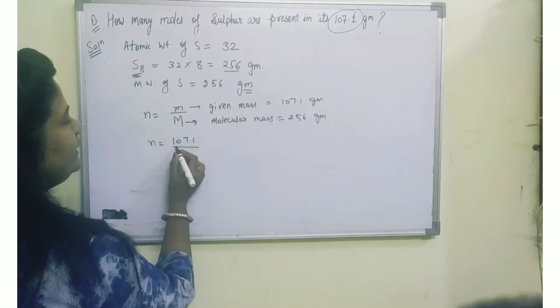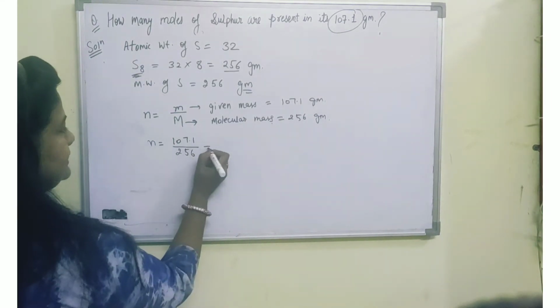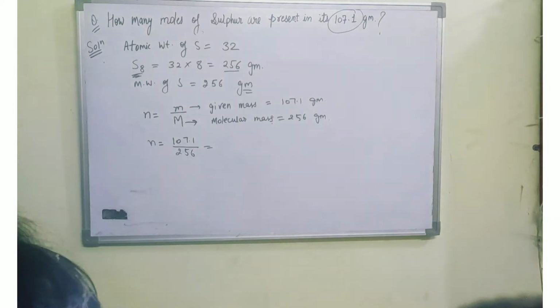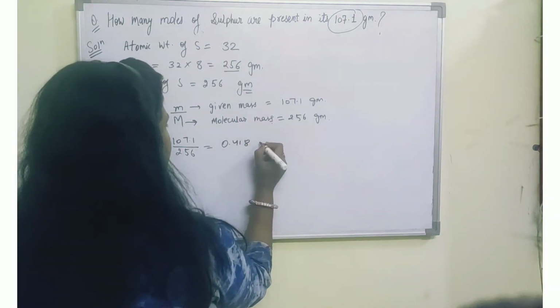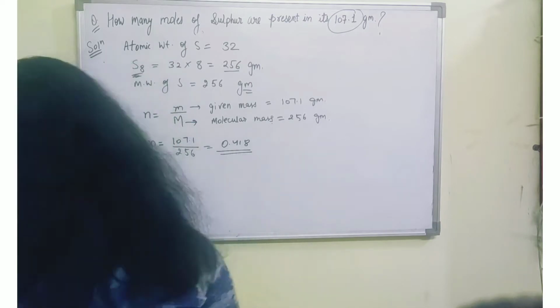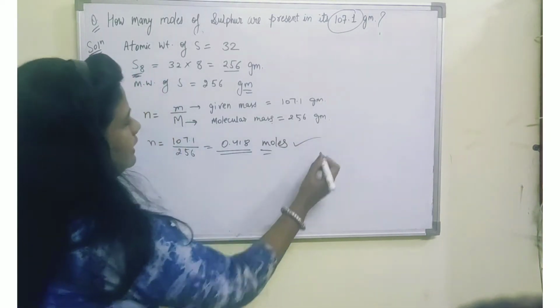So we will divide 107.1 divided by 256 and you will get the answer 0.418 mole, and you will write the unit moles. This is the answer.